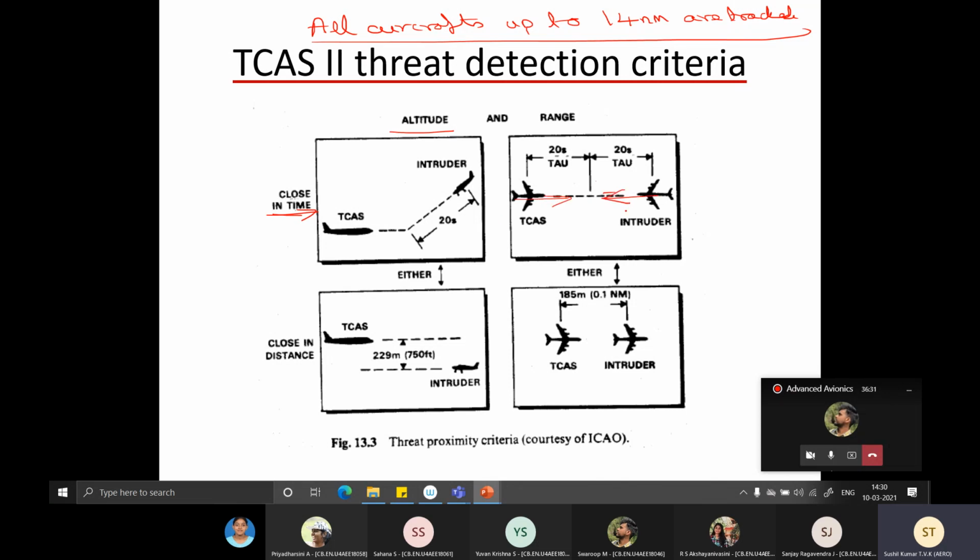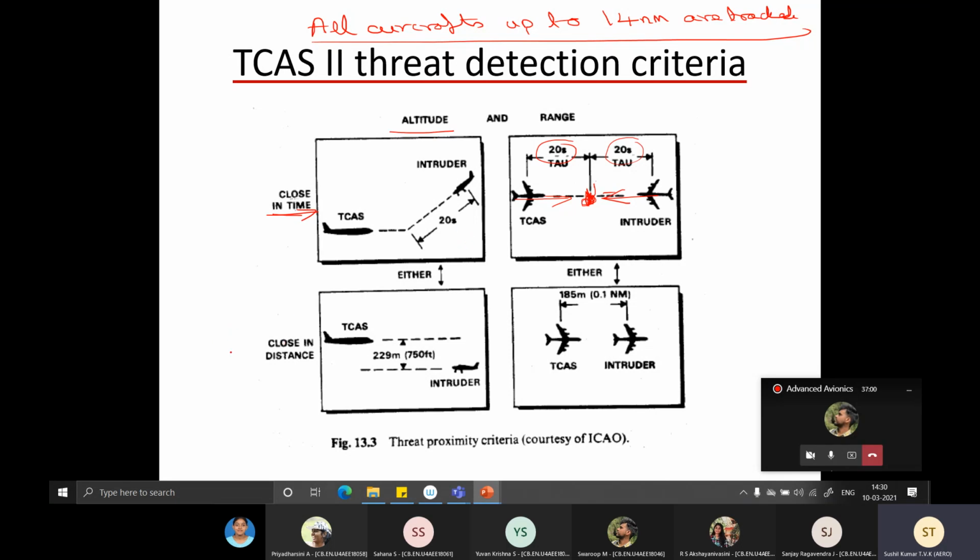Both the aircraft, the TCAS aircraft and the intruder aircraft, are coming in opposite directions, and they are going to collide. And here they are given a restriction of 20 seconds each. So there is going to be a collision at this point. This aircraft, if it's maintaining the same closure rate, in the next 20 seconds you're going to have a collision.